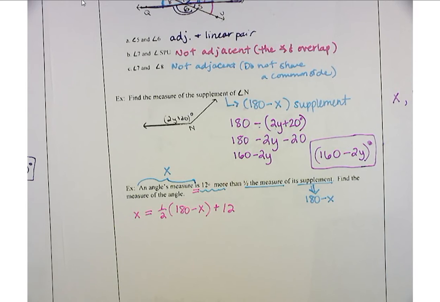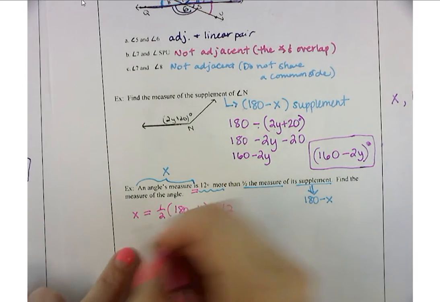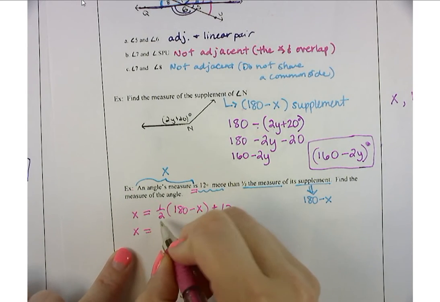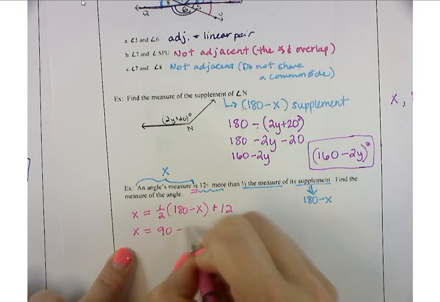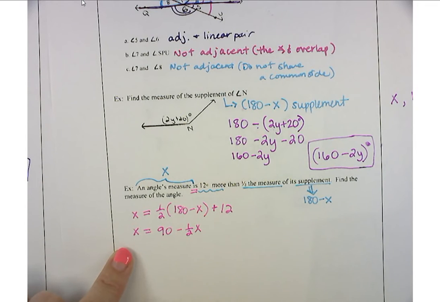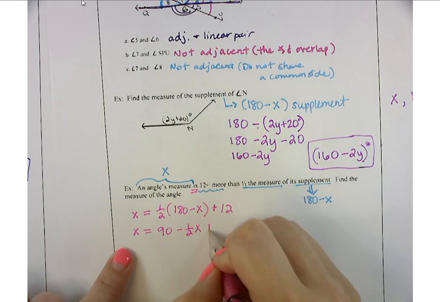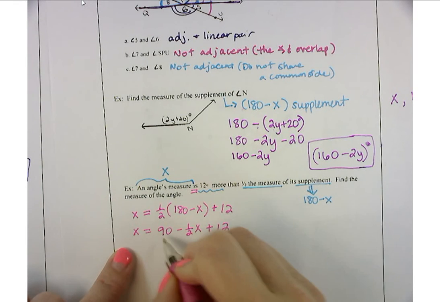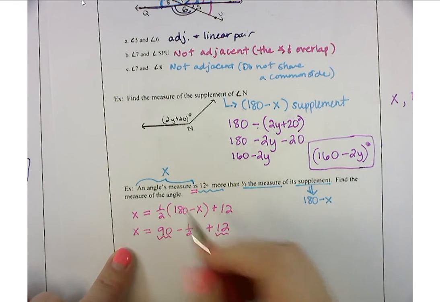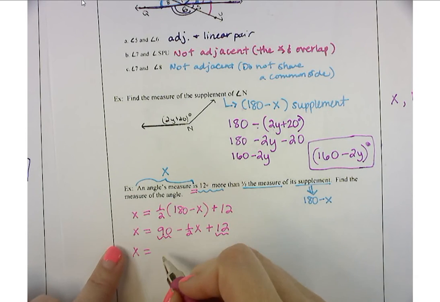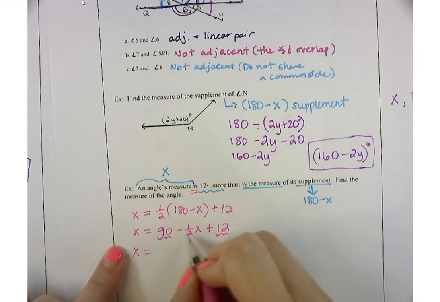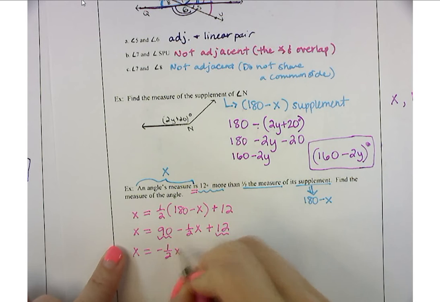And then what we would do is solve this for x. So we're going to distribute the 1/2. 1/2 of 180 is 90. And then the 1/2 x. And then when I combine my like terms, I will have negative 1/2 x, and 90 plus 12 would be 102.